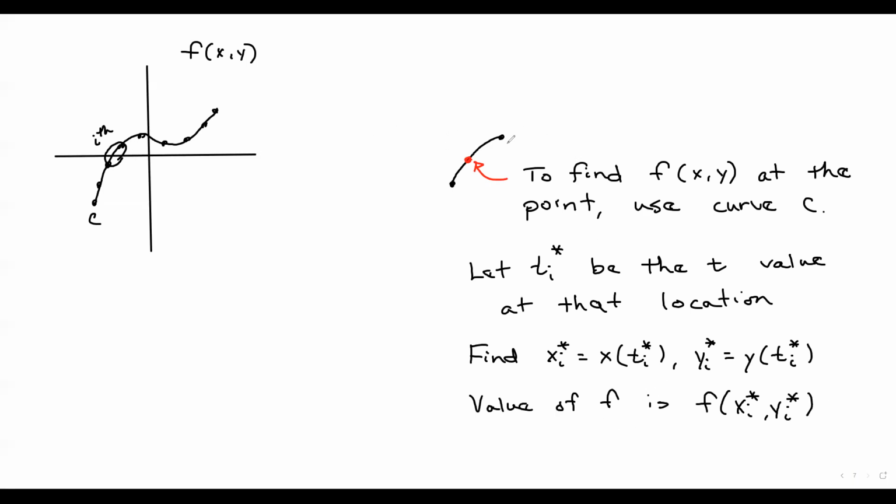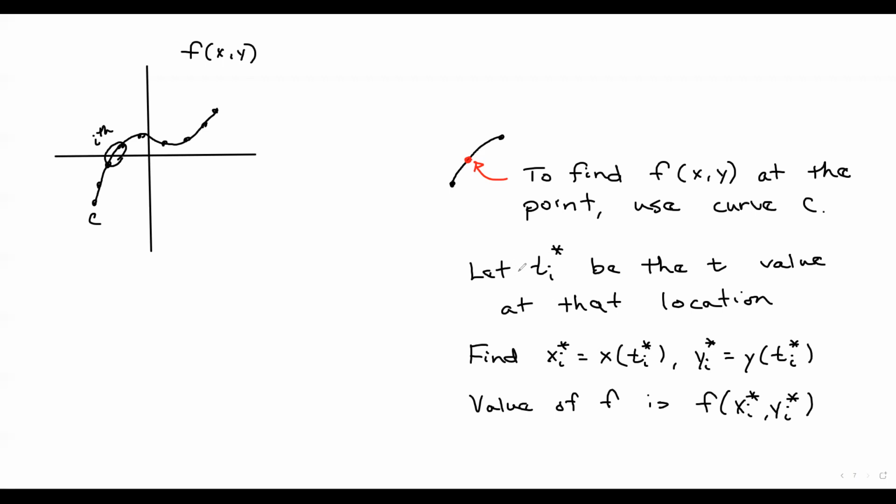So we've got our ith interval here. We picked some spot on there, and that red spot could be at this end, at this end, somewhere in the middle, anywhere. You're just going to pick a spot somewhere on your ith interval. Let t sub i star be the t value for that location, plug that t value into x and y to get the actual xy value there, and then plug those values into f to get the actual function value.